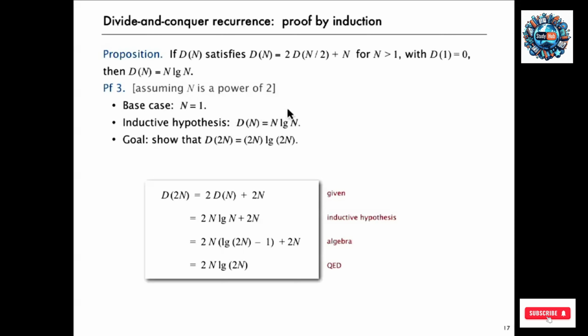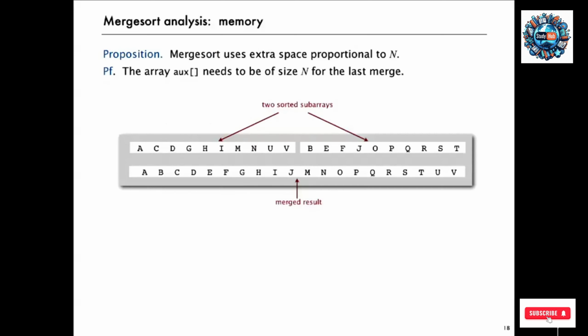With the inductive hypothesis that d of n equals n log n, we want to show that d of 2n equals 2n log 2n. Using the recurrence, d of 2n equals 2d of n plus 2n, plugging in n log n, we get the desired result. And you use this same idea on our initial recurrences for compares and array accesses to show that the number of compares and array accesses is proportional to n log n for merge sort.